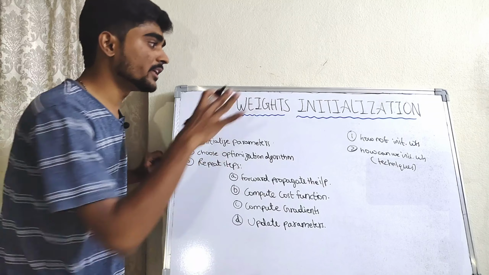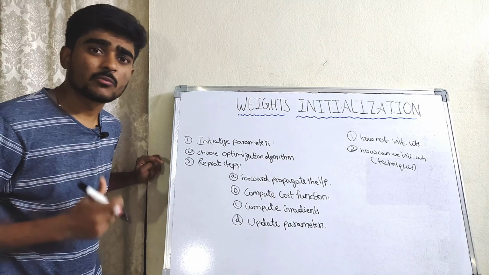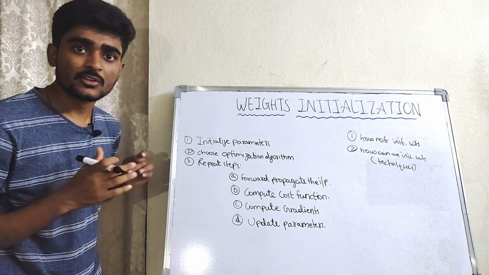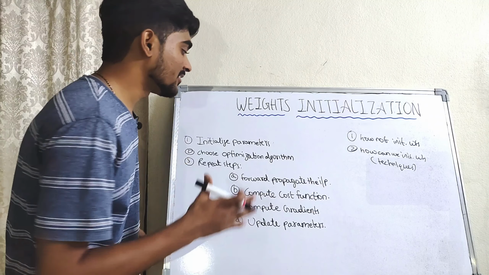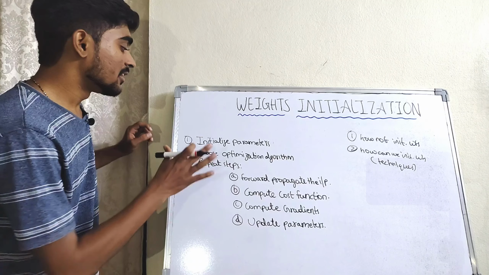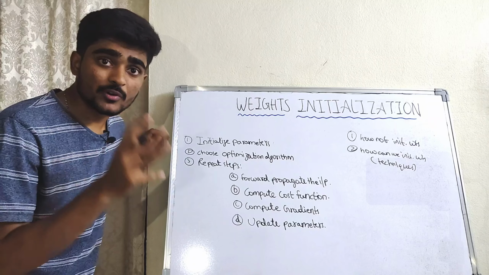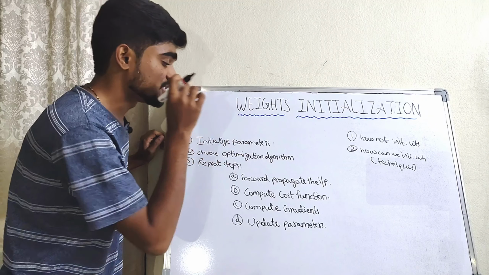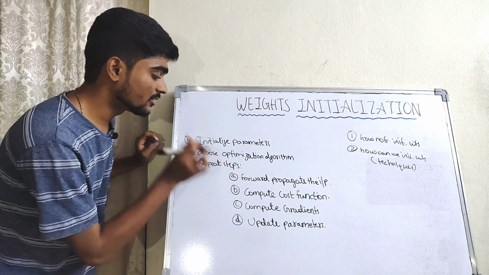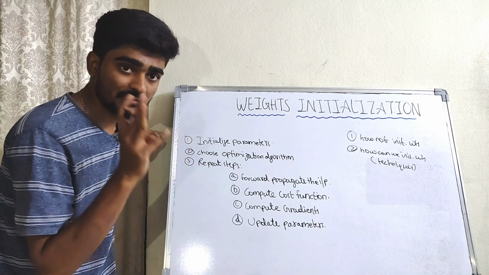Before going into the discussion, let us see the importance of the weights and bias in an artificial neural network. To understand this, let us see how an artificial neural network basically works. It works in three steps. First, we initialize the parameters, and second, we choose an optimization algorithm. In the third step, we have these four steps.